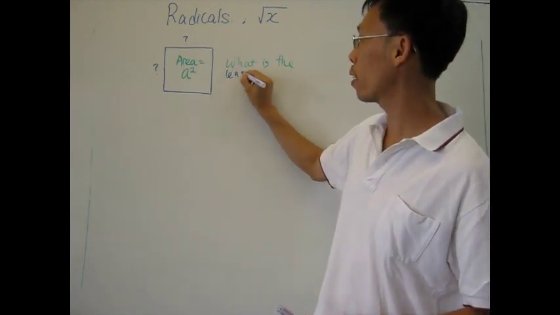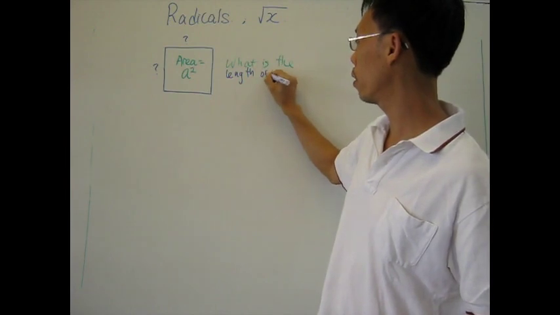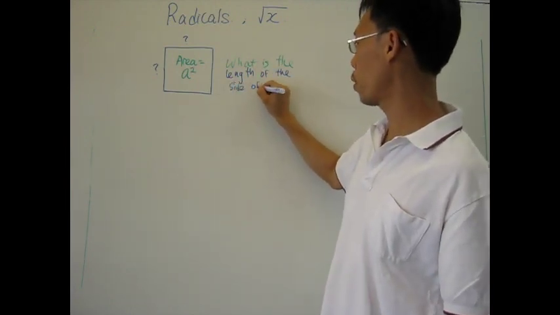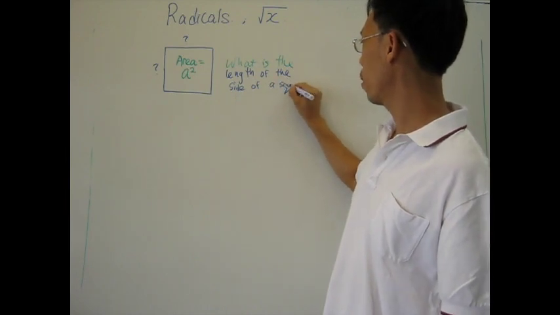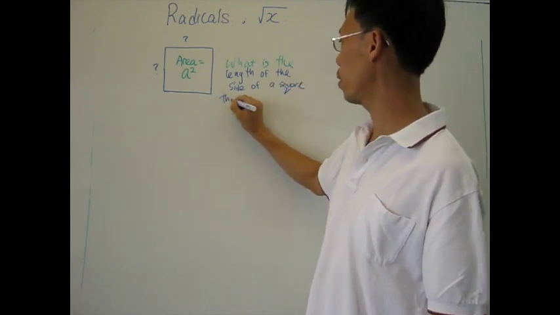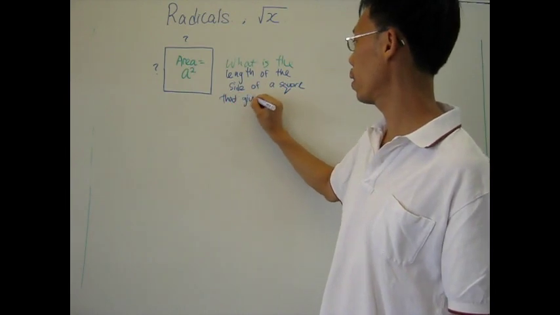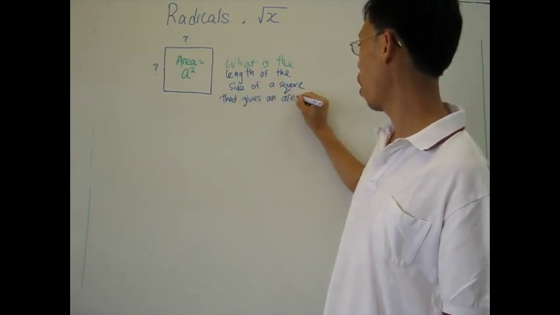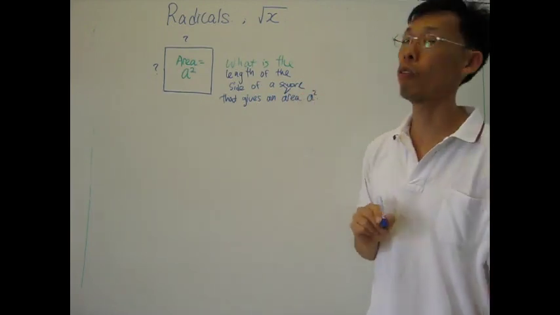What is the length of the side of a square that gives an area a square, for example, right?